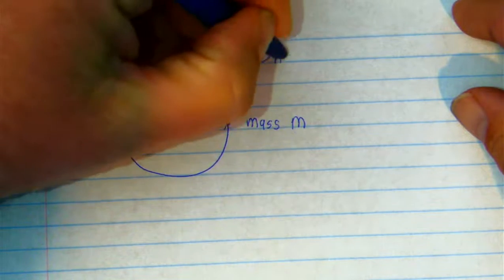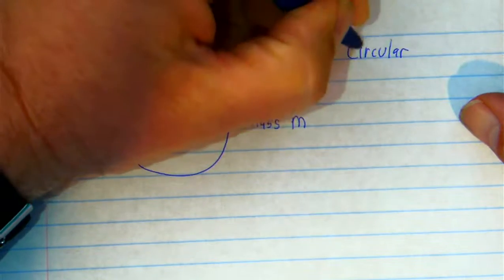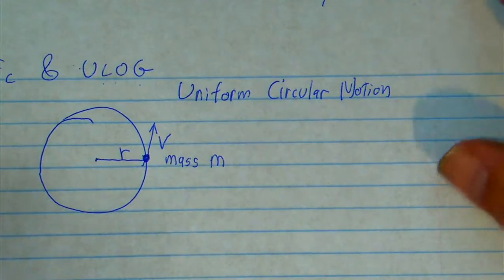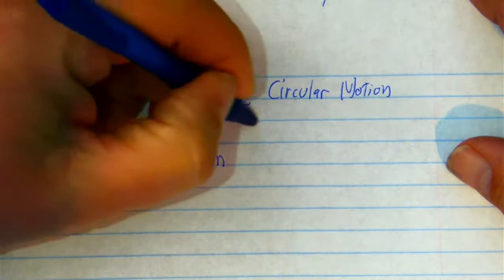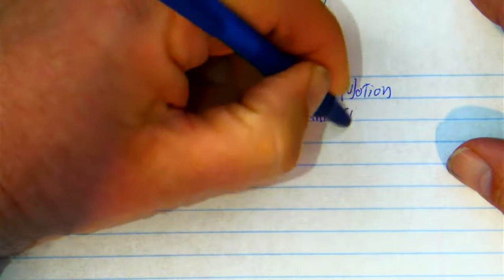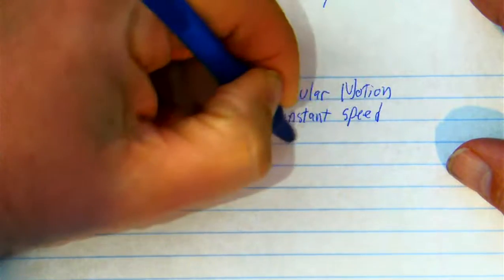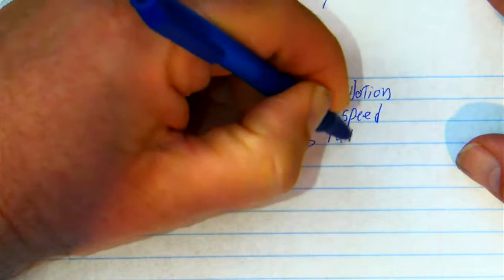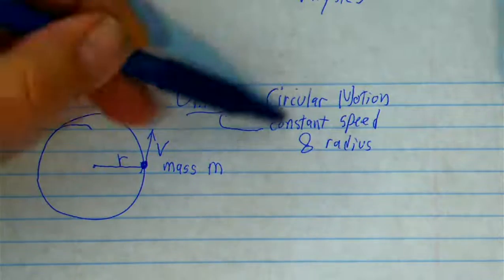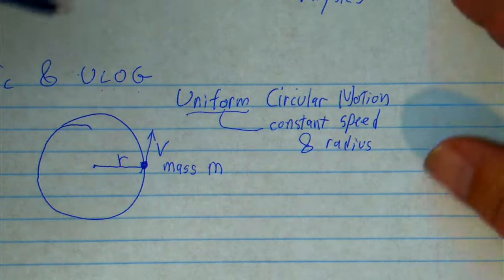This is a situation that we call uniform circular motion. And what does that mean, uniform circular motion? That means constant speed and radius. So it's a circle, and you're going around the circle at a constant speed.